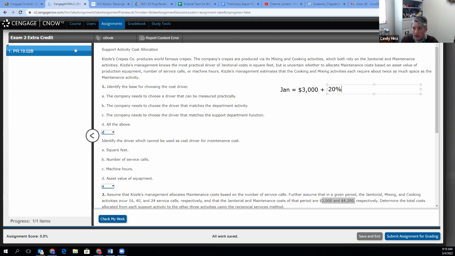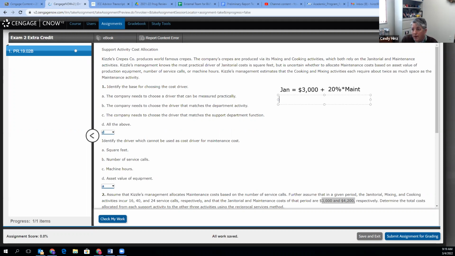There we go. 20% of the maintenance. So our total cost for the janitorial department would be the direct cost of $3,000 plus 20% of the maintenance. But the maintenance cost is going to include its direct cost. Put that on the next line here.